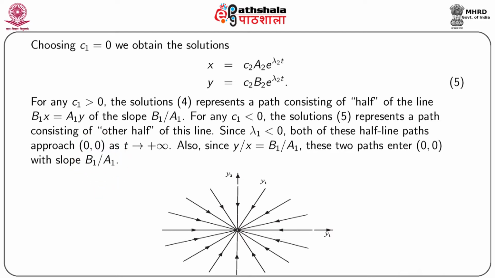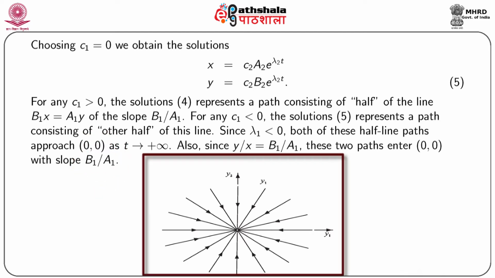Now, if you look into the figure, consider any one of these straight lines, say this one. The first part says that if c1 is greater than 0, the solution represents a path consisting of half of the line b1 x = a1 y, and let that half be this half of the line. And if c1 is less than 0, the solution represents the other half.